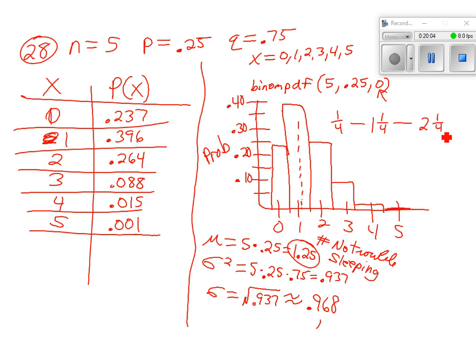So if this is our job to pick 5 people and ask them about their sleeping, if they have trouble sleeping, we're normally going to get somewhere right around between 1 and 2 people. Otherwise, we're going to fall somewhere probably between 0 and 3 people most all of the time. That's what the standard deviation tells us.